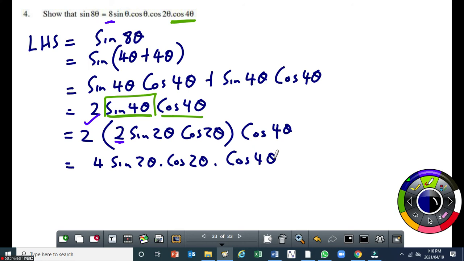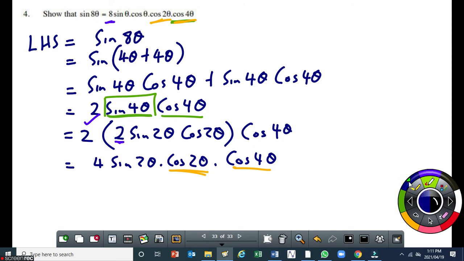Now, if you look at our original question, I now have the cos 4 theta, and I have the cos 2 theta here, based on the right-hand side of the question. Now, I'm left with the sine theta, cos theta. To get that sine theta, cos theta, I need to use my double angle here. Fortunately, the sine 2 theta is 2 sine theta, cos theta.